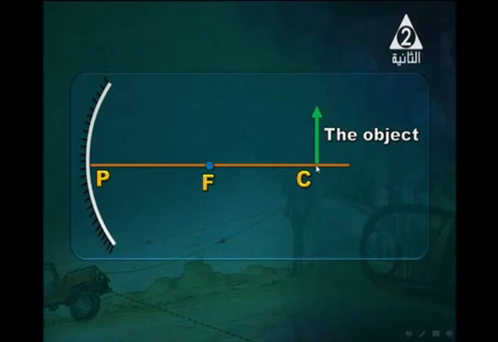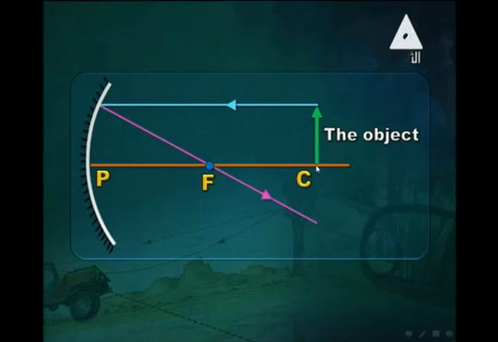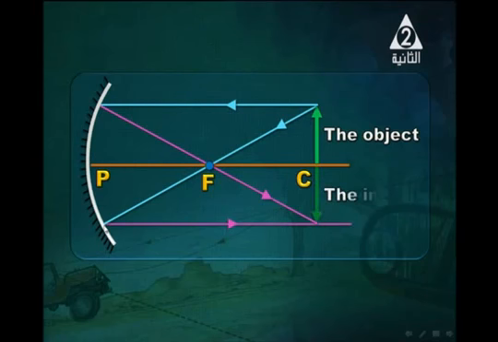Then this body will send two rays. The first is parallel to the principal axis, which will reflect passing through the focus. The second ray will be sent passing through the focus, and when it hits the concave mirror, it will reflect parallel to the principal axis.